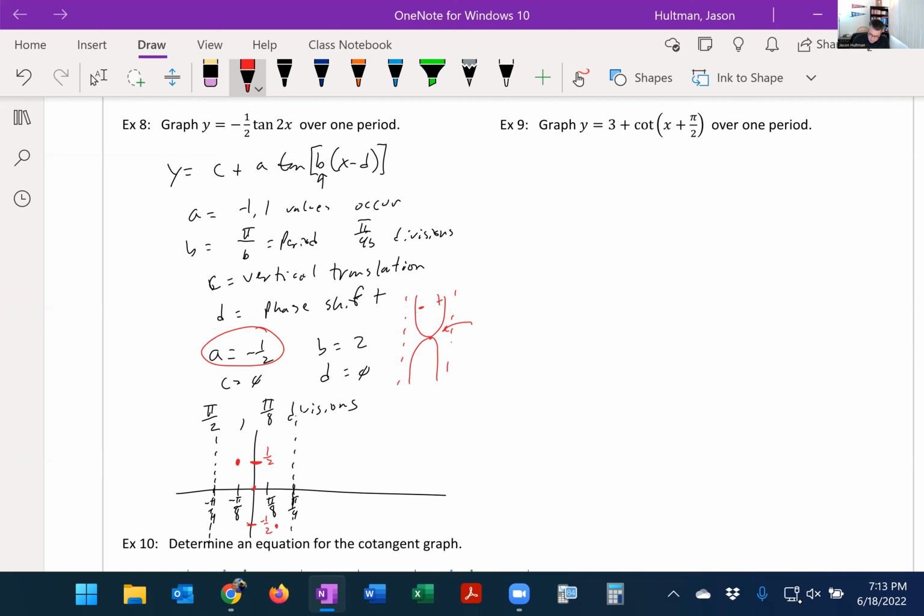We're still at 0, 0 because we didn't shift horizontally or vertically. And so we really are getting a graph that looks like so. And this would be our tangent function.